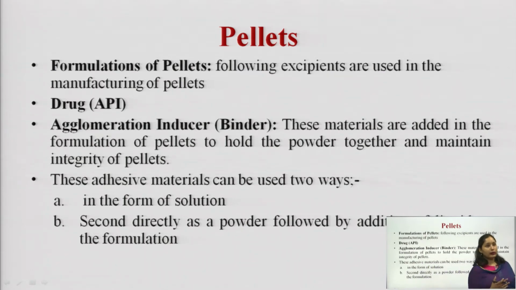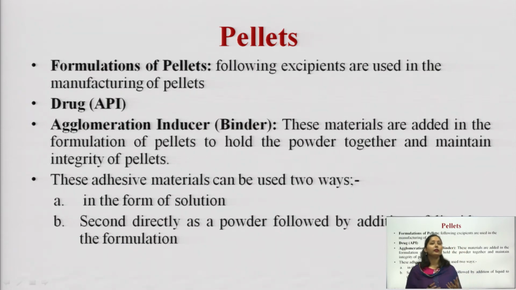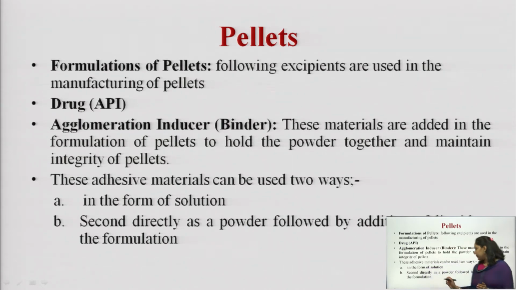Apart from the API, what we add, another is an agglomeration inducer or a binder. Okay. So, what is the basic role of this binder? The binder provides an adhesive property to the particles of the powder so that they remain in close contact with each other. ठीक है, पाउडर्स के पार्टिकल्स को सफिशिएंट एडहेसिव प्रॉपर्टीज प्रोवाइड करता है सो दैट वो बाइंड होके जो है एक आपका पैलेट का शेप ले सके.